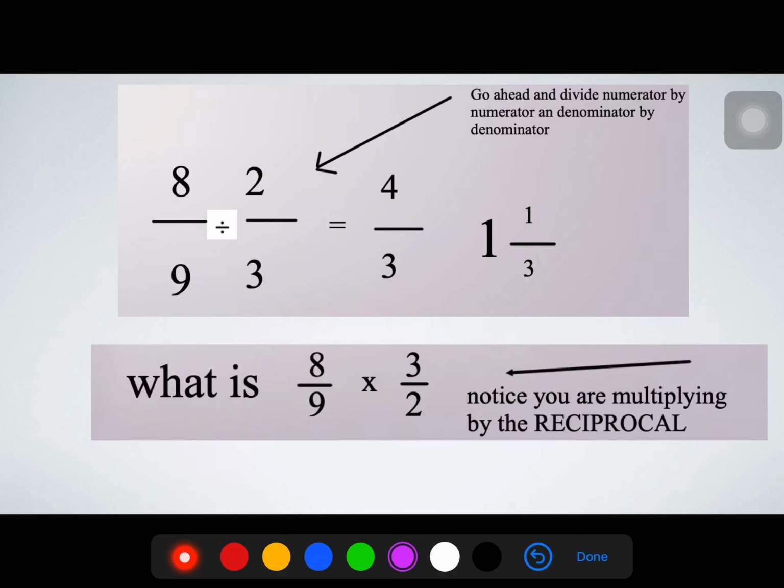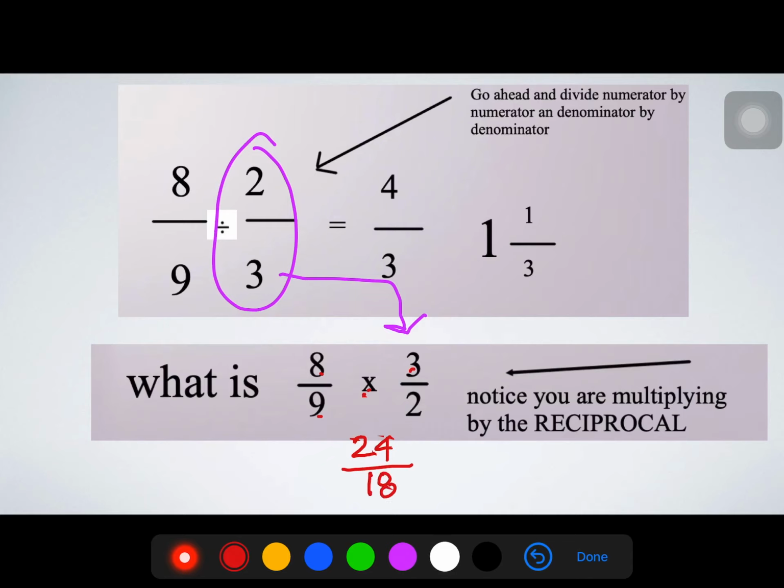But let's check this out. What if I did 8/9 now, and I want to multiply it by 3/2, which you notice is the reciprocal of 2/3, okay? Let's go ahead and do that. Well, 8 times 3, and I'm a little short on space, so I'm going to write that right here, 24, is my two numerators, 8 times 3, and 9 times 2 is 18.